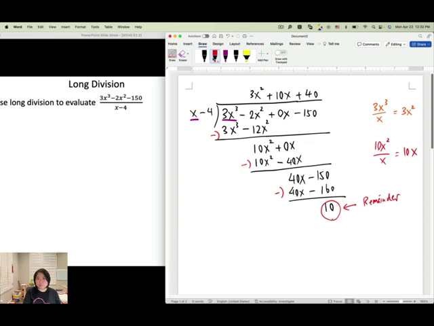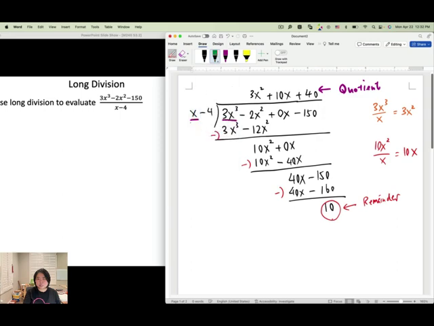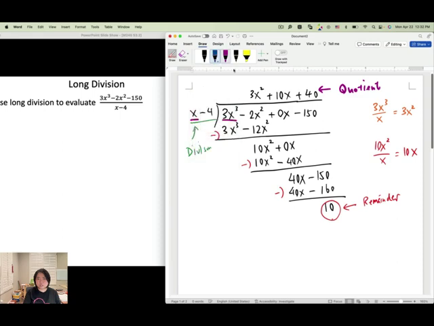And then one more time, I have this guy, that will be my quotient. And then x minus 4, that will be my divisor. Last one, this one will be my dividend. Right?